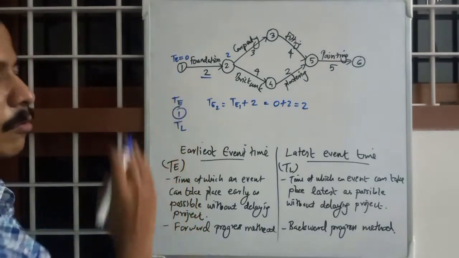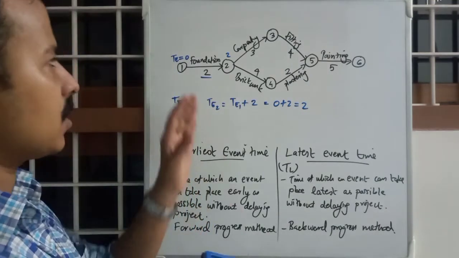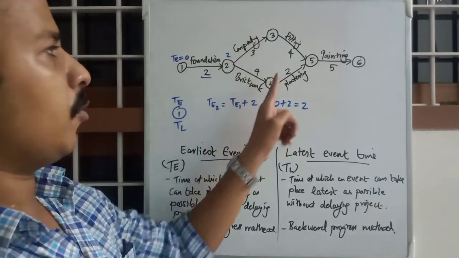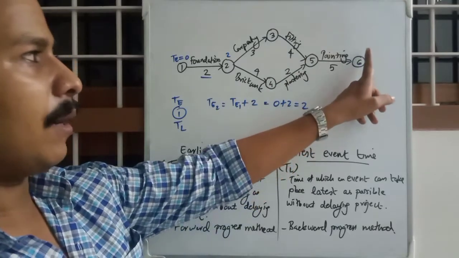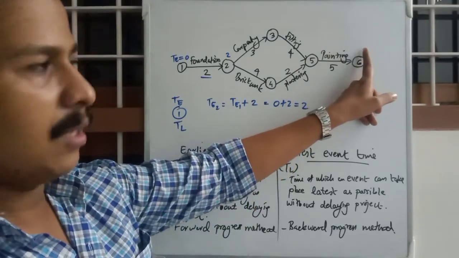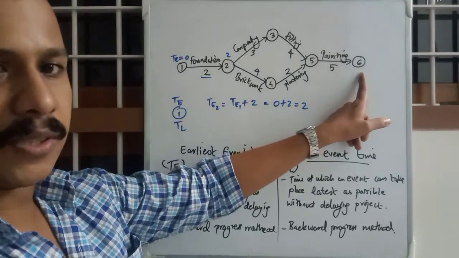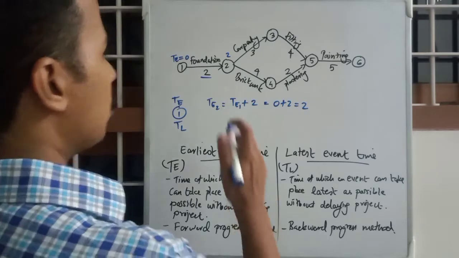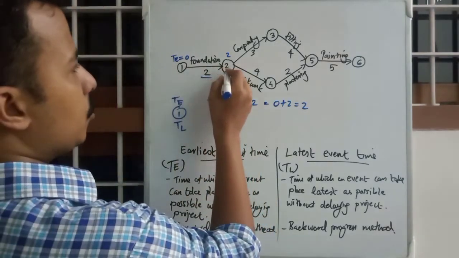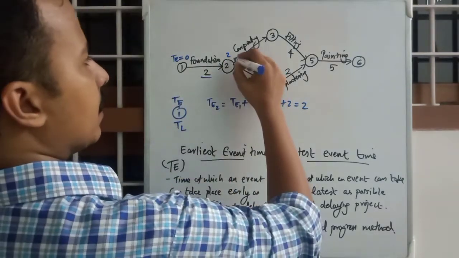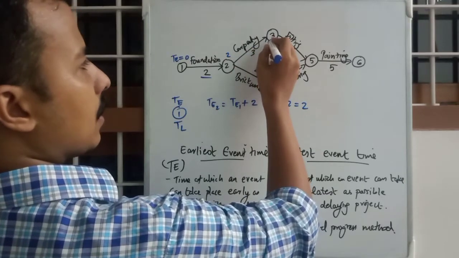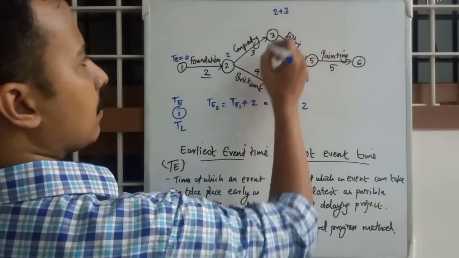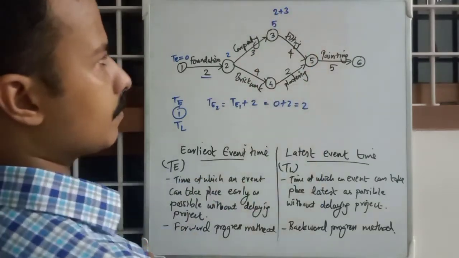The order of our calculation is, we will calculate all the TEs from 1, 2, 3, 4, 5, 6, and after calculating TE of 6, we will start from the TL of 6 and then calculate backwards. Simple. So TE of 2 is 2, and TE of 3 is 2 plus 3, that is 5.